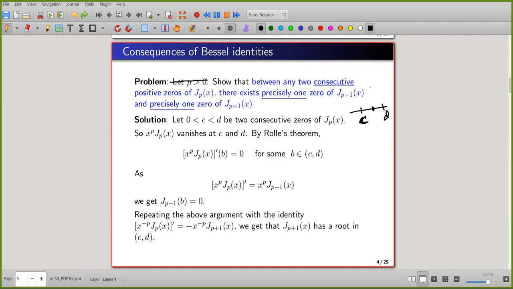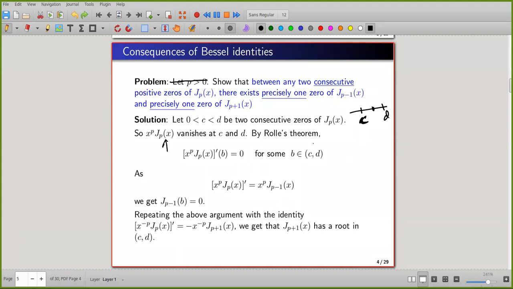So let c and d be two consecutive zeros of J_p(x), and let's assume both of them are positive. So we look at this function x^p J_p(x). This vanishes at c and d because J_p(x) vanishes at c and d.